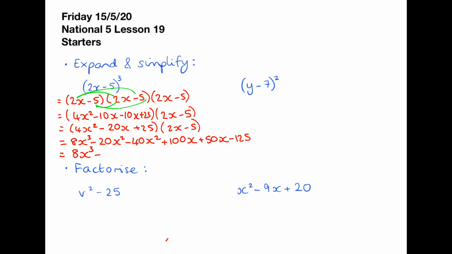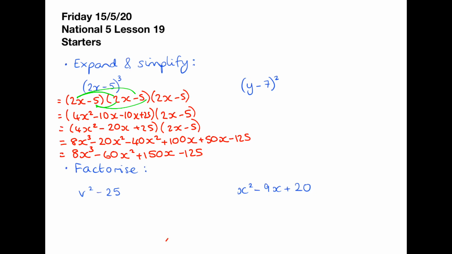So we've got minus 60x squared all together. Then our x's, we've got plus 100x plus 50x. So that's plus 150x. And then we've still got our minus 125 on the end, and that's the end of that one.